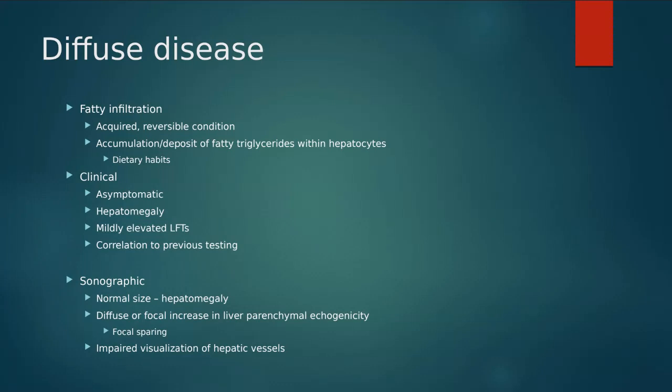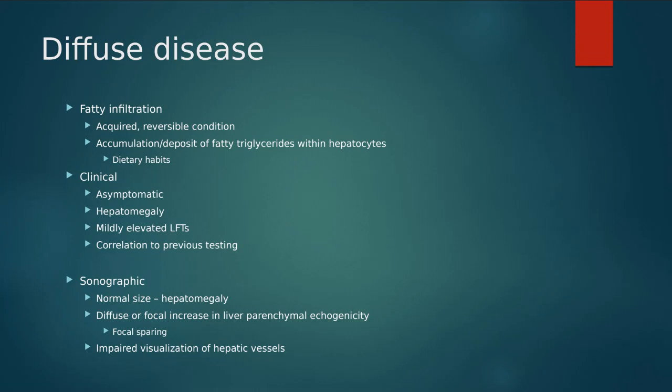But if it goes untreated and we don't adjust the lifestyle, it can lead to cirrhosis and death of those liver cells, or those hepatocytes. So it's not something that we just want to ignore because it's technically benign. It can turn into something more complicated down the road and something more serious.